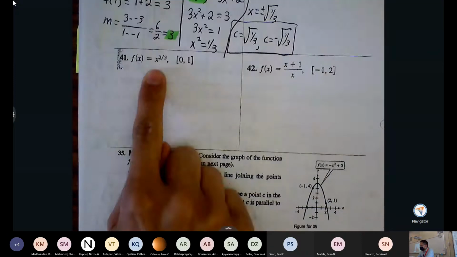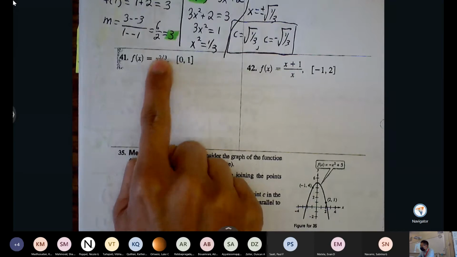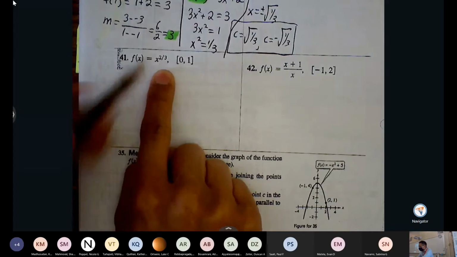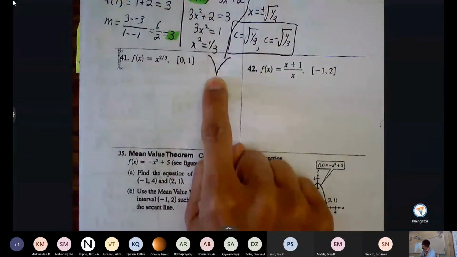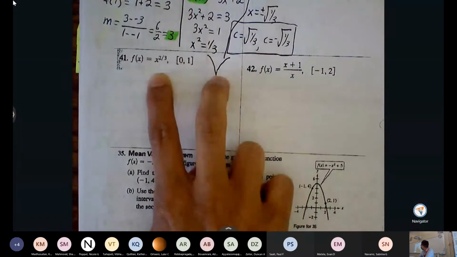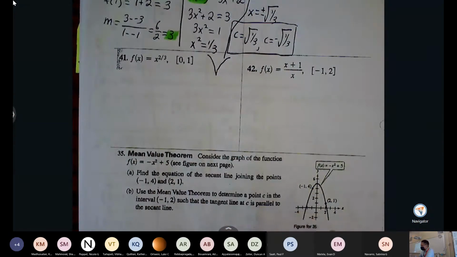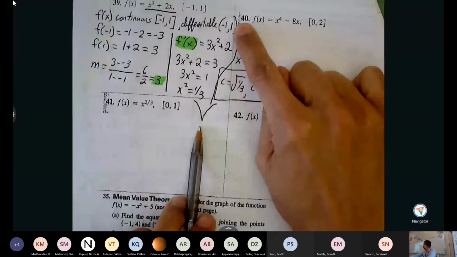So I want to talk about this radical function involving cube roots. When you have a function that is in this form, you may have some issue with differentiability. The graph may have some sharp turns. Okay. And a sharp turn doesn't mean that it's going to negate our process, but we want to see if this is going to impact our differentiability statement.